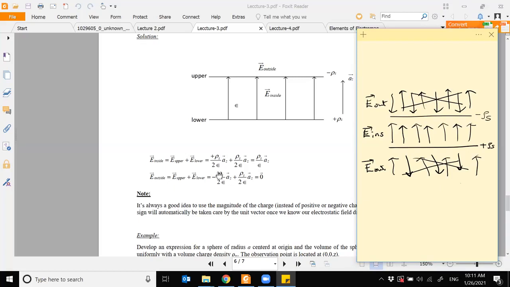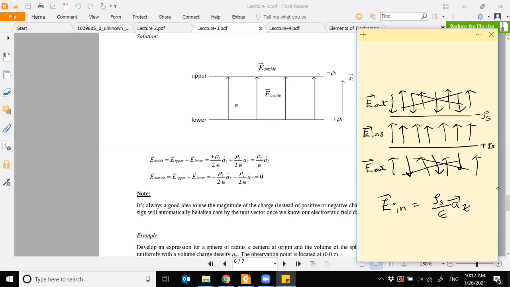Whereas outside, they will be opposite, so they will cancel each other and you will get 0. So your E inside is rho s over epsilon times az. This is your answer for the parallel plate capacitor.